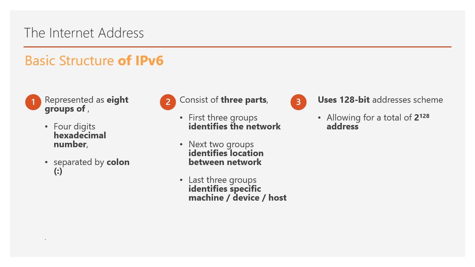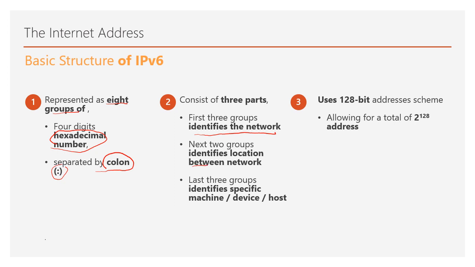The summary for basic structure of IPv6. IPv6 is represented as 8 groups of 4-digit hexadecimal numbers, separated by a colon. It consists of 3 parts. The first 3 groups identify the network.